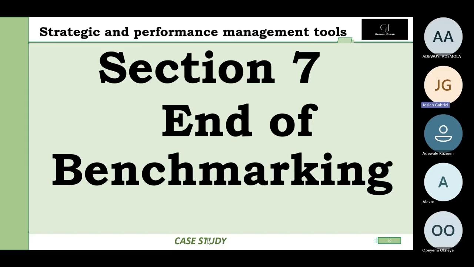All right. So let's look at an example on what we've talked about. The benchmarking, like we said, is the process of comparing an organization's processes, performance, or practices against best-in-class companies to identify areas of improvement. So an example, let's use the banking sector in Nigeria.